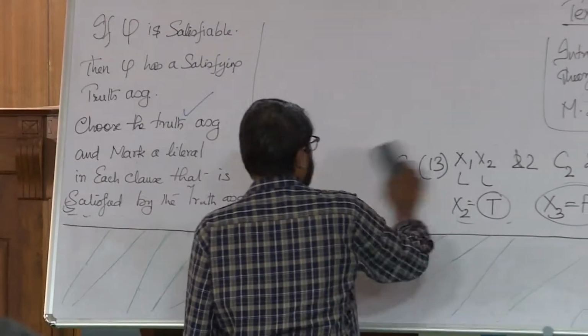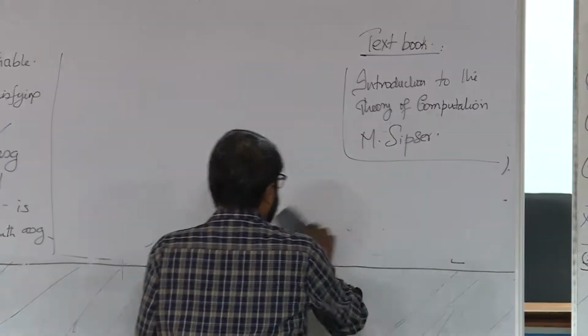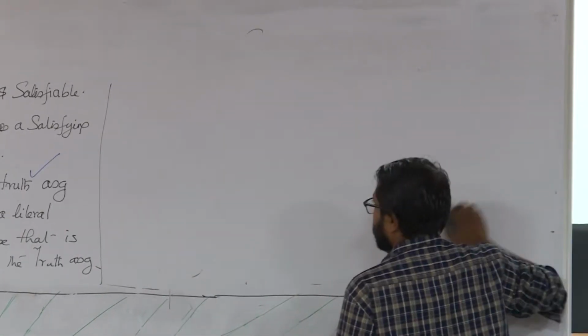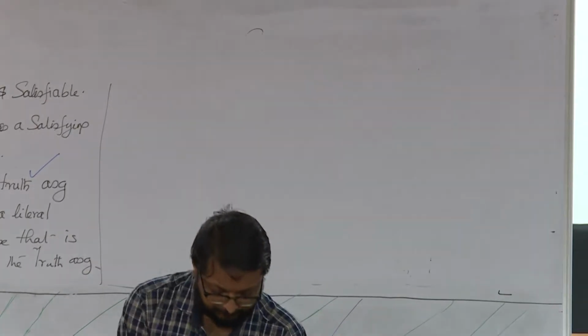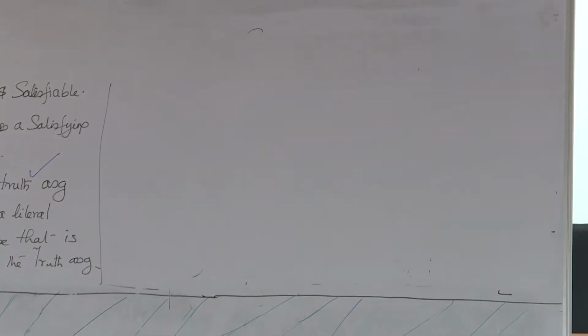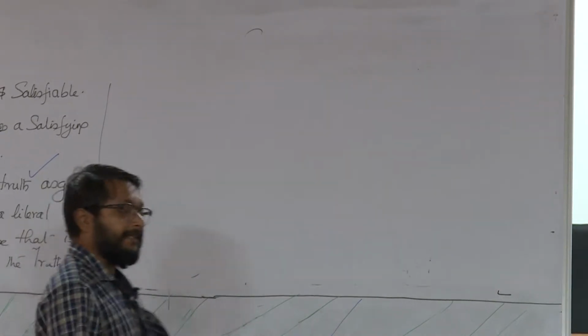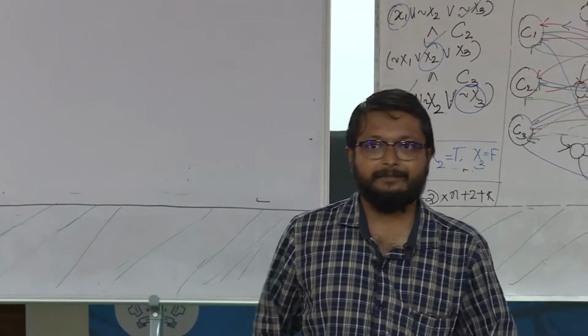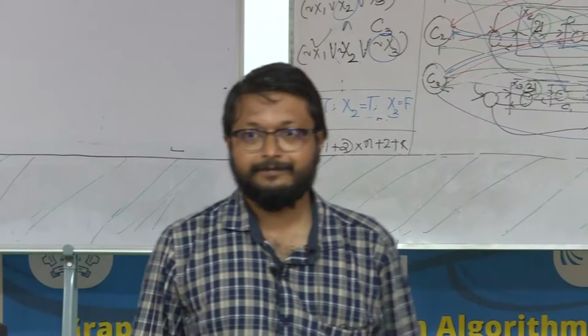Now, once you get one hard problem solved, let's take another problem. Suppose the graph is undirected. That means edges do not have directions.